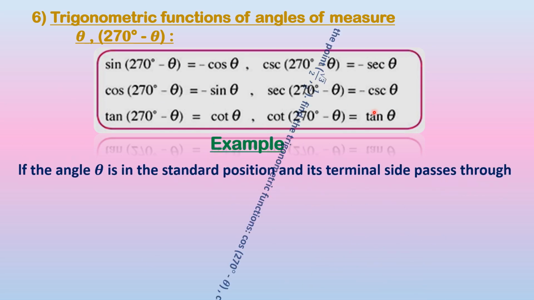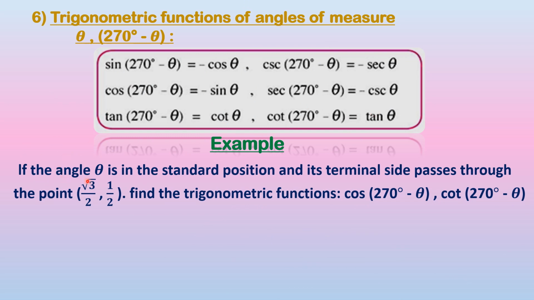For example, if the angle θ is in the standard position and its terminal side passes through the point square root 3 over 2 and 1 over 2, find the trigonometric functions cosine(270 − θ) and cotan(270 − θ).